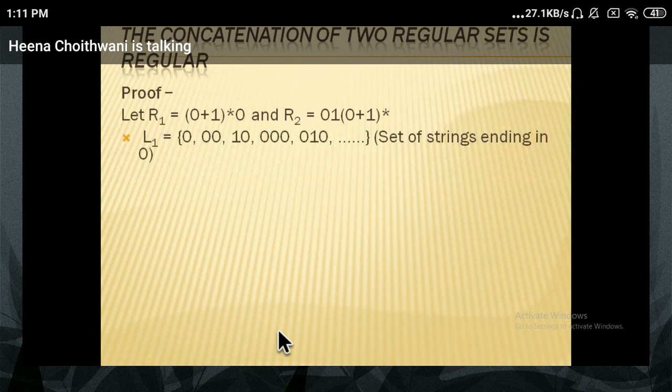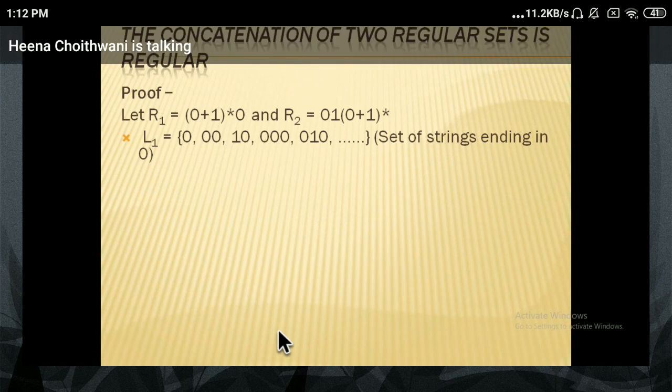Check what do we have in L1. In L1 we have the star of a union, so we can have all these strings of 0, all these strings of 1, or all these strings of 01 or 10, and we have to concatenate that with 0. So we can't have null, right? My first string will become 0, my second string will become 00, if I take only the 0 set, my third string will become three times 0, and so on.